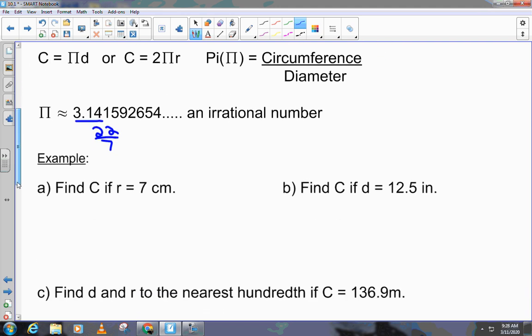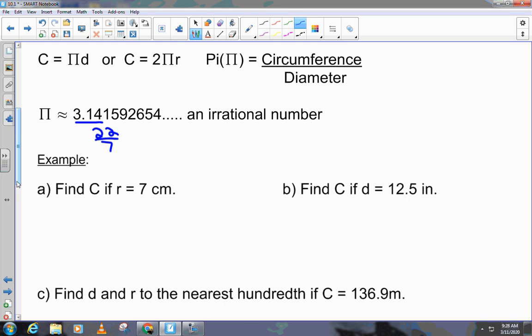All right. Now, let's find the circumference, okay? Now, I kind of like the pi times diameter a little better just because I can usually do this in my head and find the diameter and then just multiply by pi. So, if I wanted to find the circumference, my radius is 7. What's the diameter? 14. So my circumference would be 14 pi.